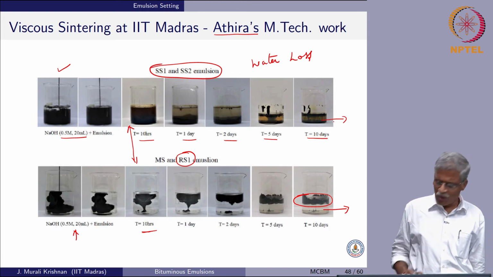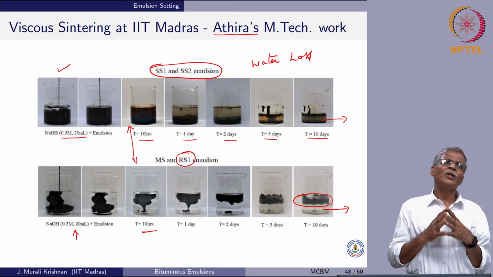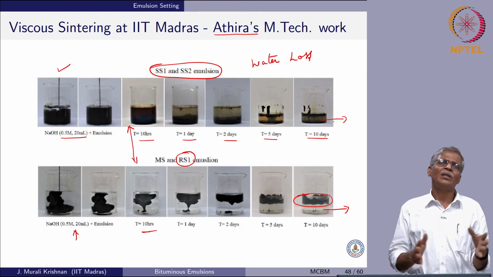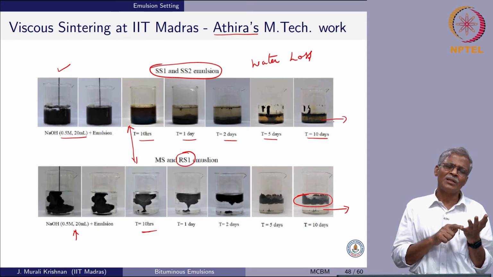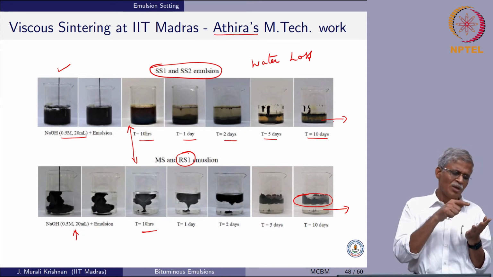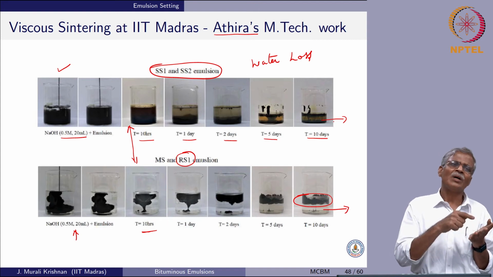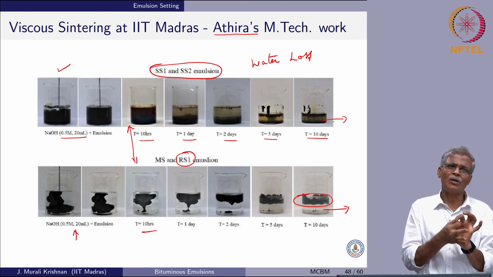Now, why should you worry about viscous sintering? When you are using this emulsion in a practical application, you need to understand exactly the type of emulsion that you are using, the type of aggregate that you are using, whether these charges really do match or not.